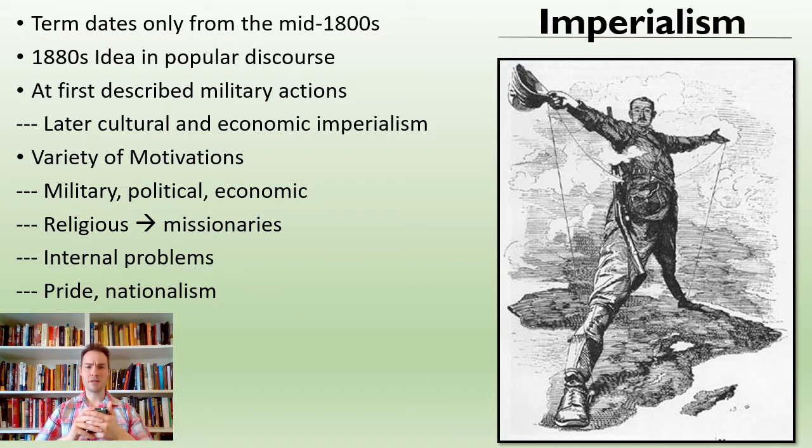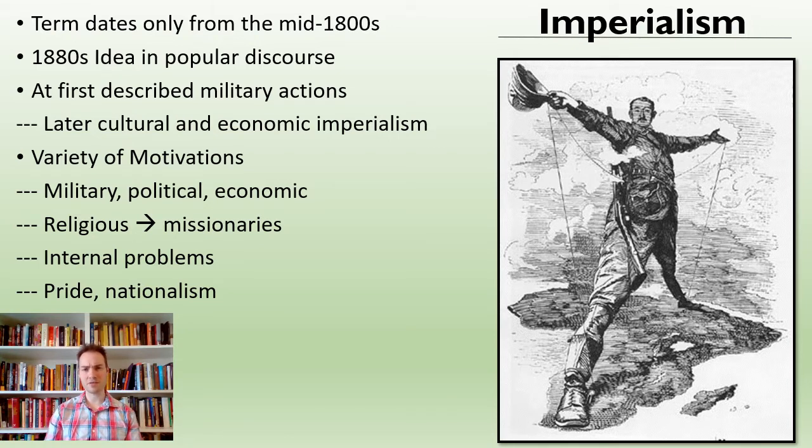But there were a lot of different motivations for this expansion. When you think about imperialism, you probably think about one country taking over another country that's far away to exploit their resources or control them in some manner. And that's true. There are military and economic reasons to do that.